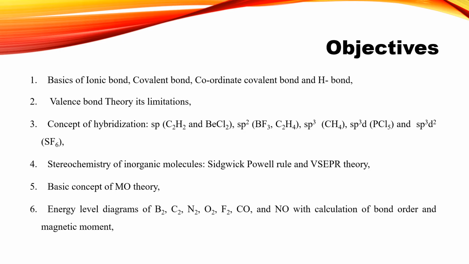Another is the basic concept of molecular orbital theory, also called MO theory. Another is the energy level diagram of B2, C2, N2, O2, F2, CO, NO, with calculation of bond order and its magnetic moment, right? So all these you are going to learn in this chapter, right?